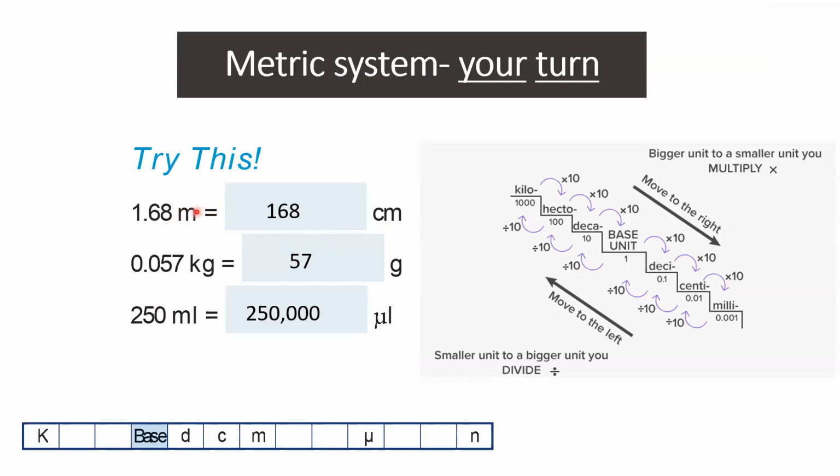So here are some examples that we're going to try. If your base unit is meters and you're starting off here, and the value you're given is 1.68 meters and they want you to convert this to centimeters, you have to move your decimal point over 2 times.